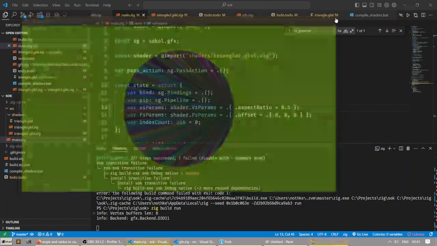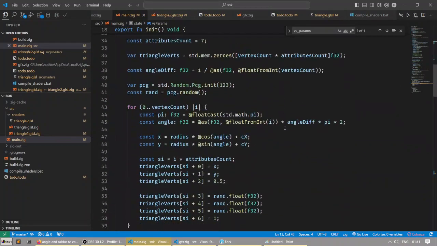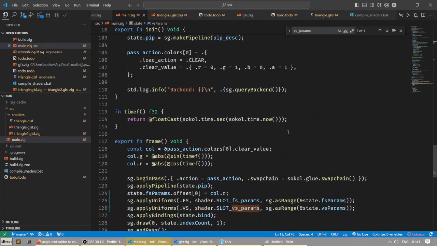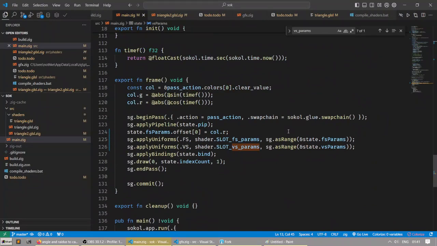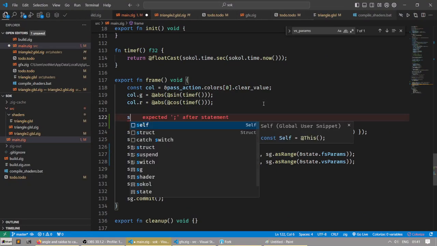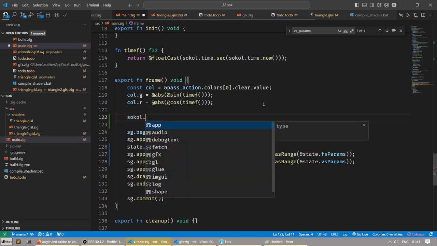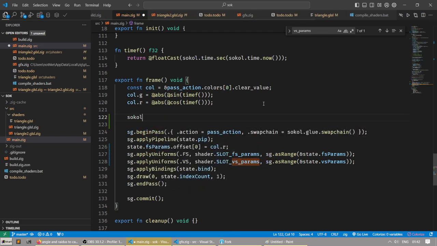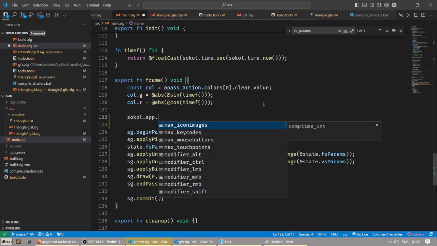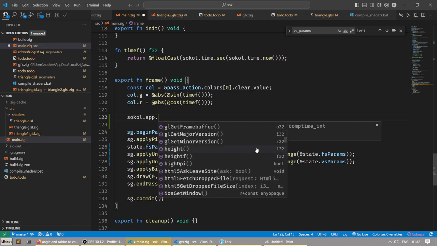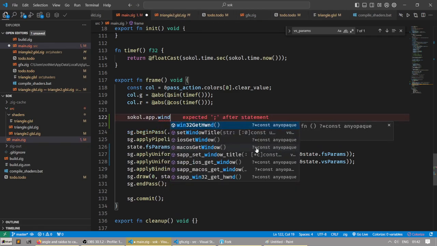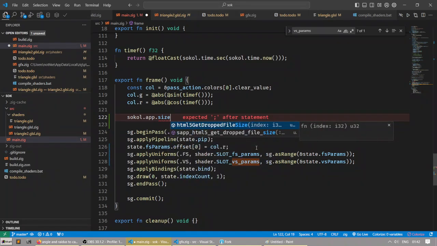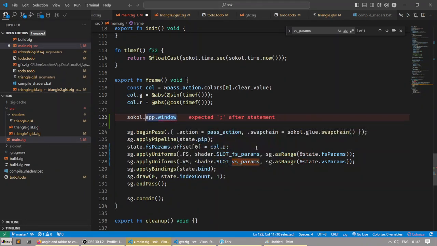Okay, so now we have to set the actual aspect ratio depending on the size of the screen. And how do we do that? How do we actually calculate the size of the screen? What is it? Sokol window. How do I access the window? Does it have dot window?